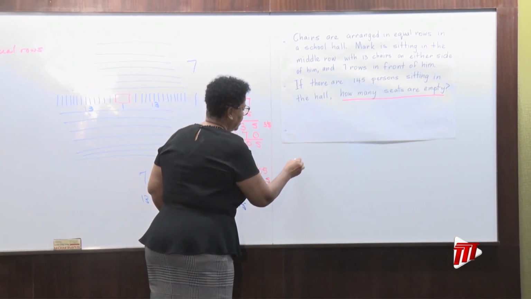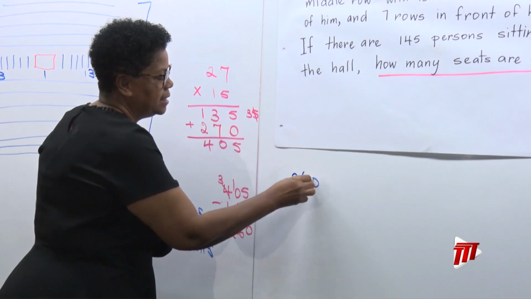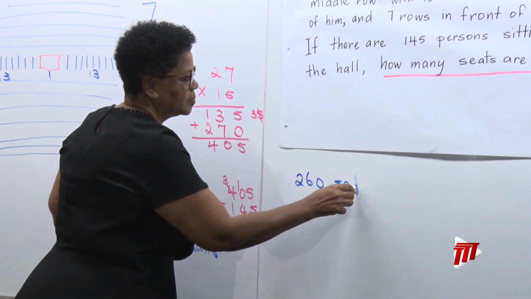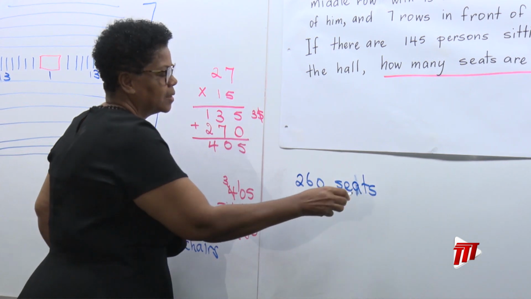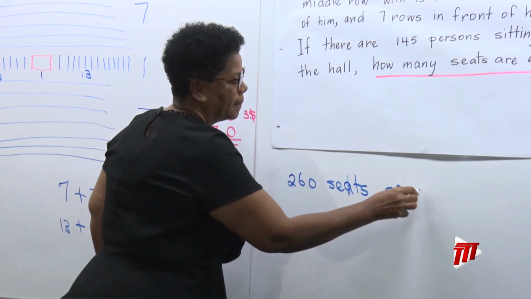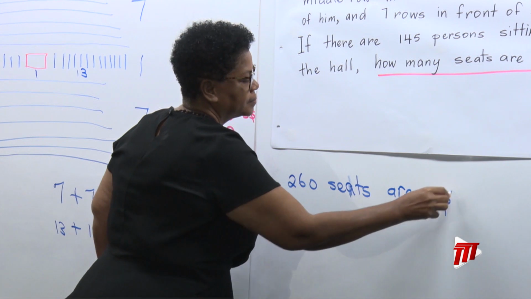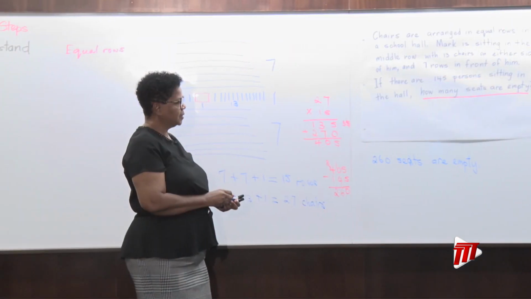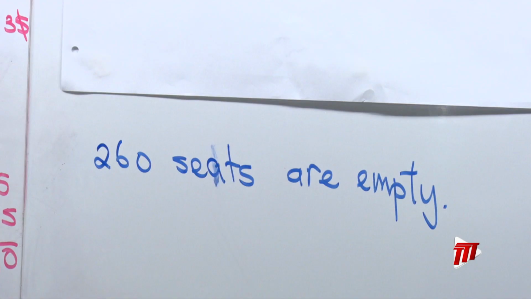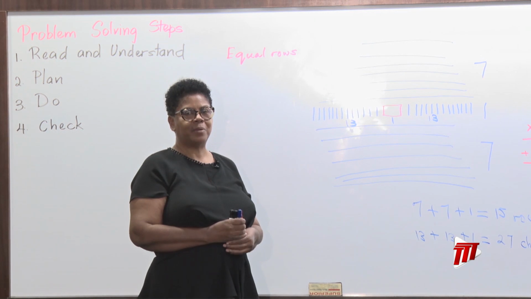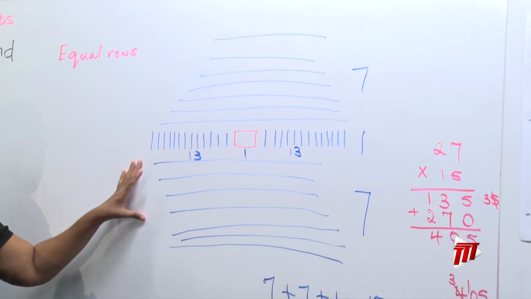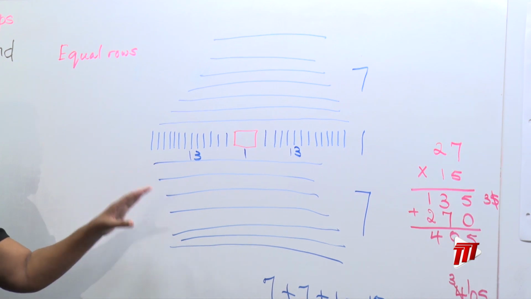So we can write in there, 260 seats are empty. That's the solution to problem number 5. In this problem, we use the strategy, draw a diagram, and it helps us in our solution.